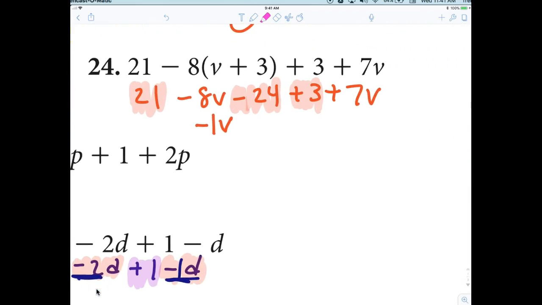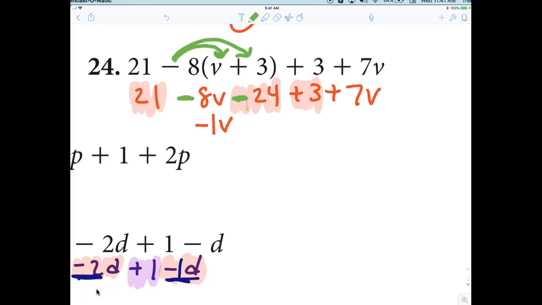Now, do you see the hard part is distributing the -8. -8 times v is -8v, right? And then -8 times +3, which is -24. Then you add both.